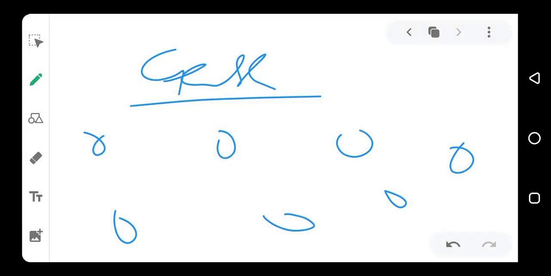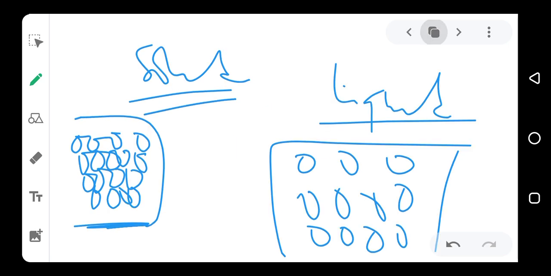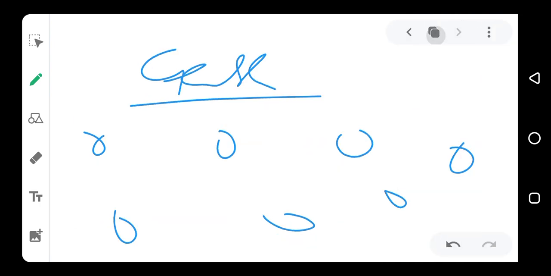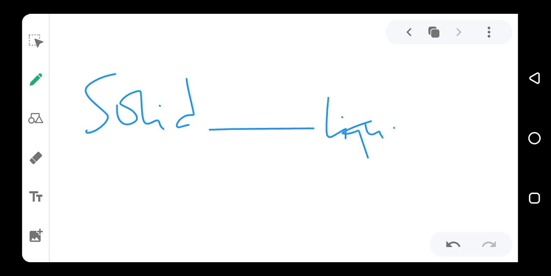So we can convert solids to liquids and from liquids to gas this way. Okay, we have solid, we can convert it to liquid, and liquid we can convert it to gas. The process of converting solid to liquid, we call it melting.